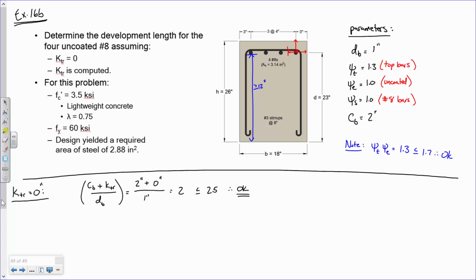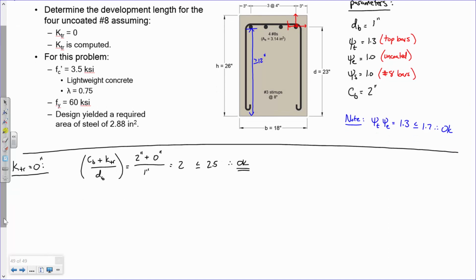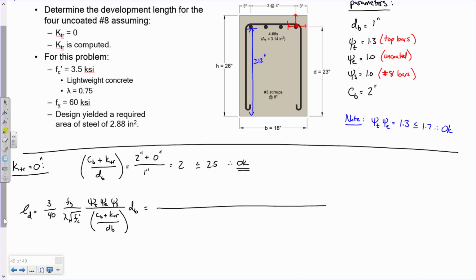Okay. So that's that. So now we can go ahead and compute the development length, but we're going to adjust it here in a second. So development length is 3 over 40 Fy over lambda square root of Fc prime, and then psi t, psi e, psi s over that ratio, and then d sub b. So we've got 3.